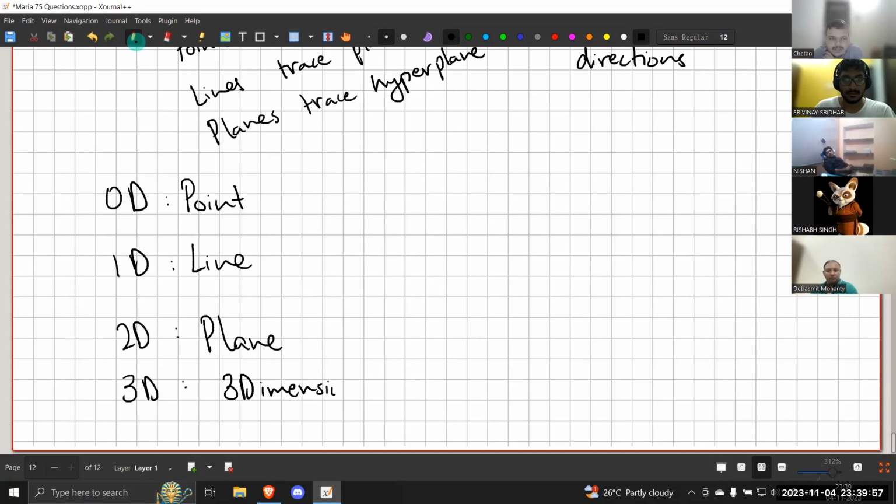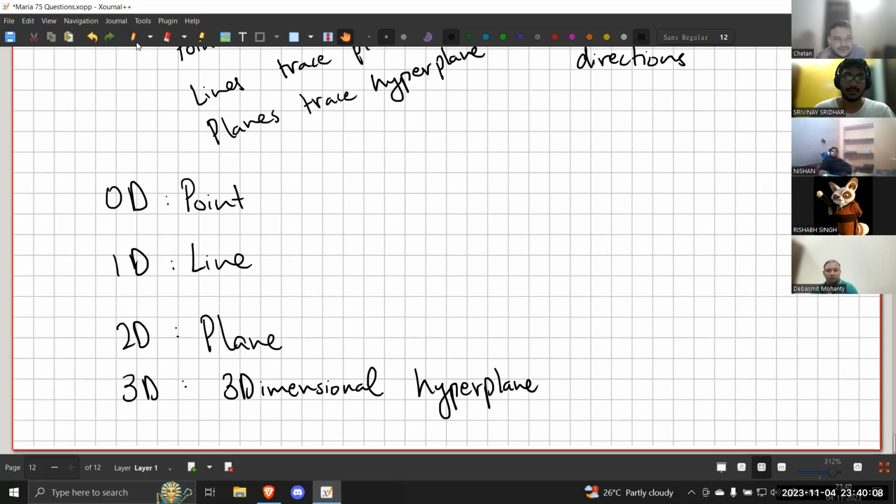See, by definition, we introduce this idea of hyperplanes because our imagination is limited to only three-dimensional space. Like Nishant was talking about that worm, right? It was moving in two-dimensional space.